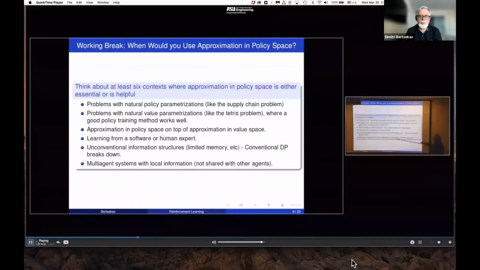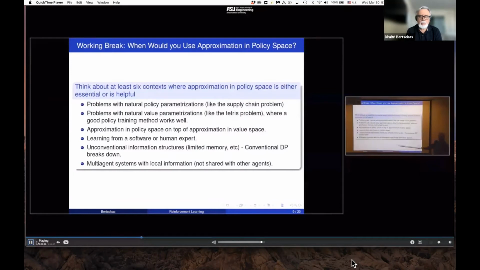Okay, I think I mentioned this at some lecture in the past, approximation in policy space on top of approximation in value space to facilitate the implementation of a suboptimal policy. Another one, use policy parametrization and policy optimization to learn from a human expert or a software expert that generates good controls. You can learn from that by using some kind of training in policy space.